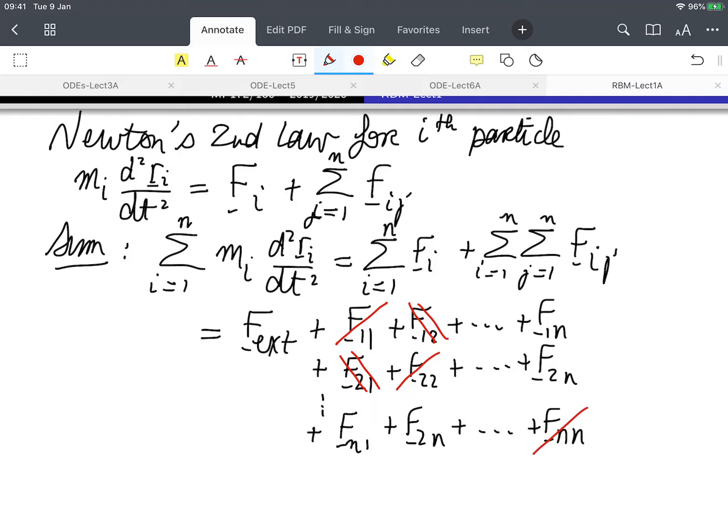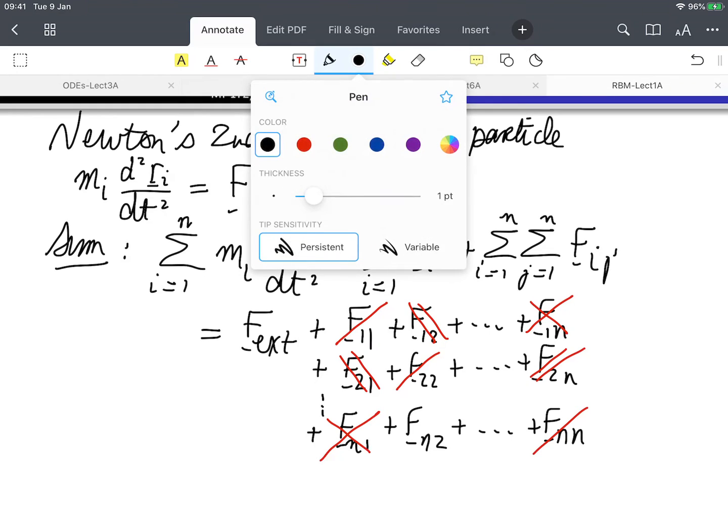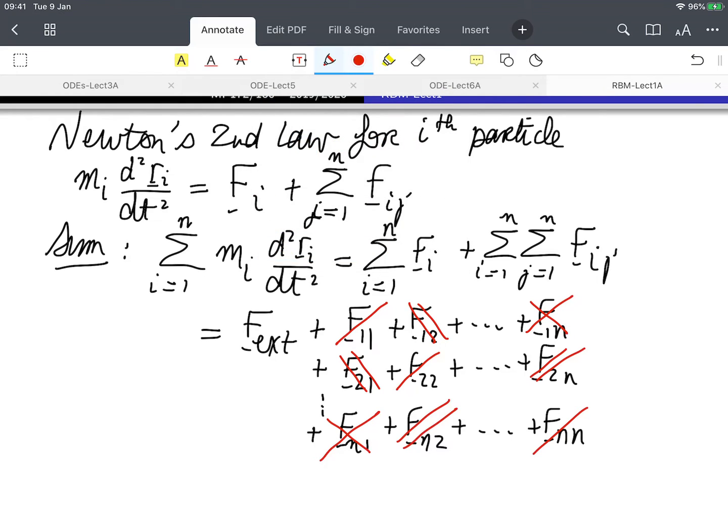Then F13 is going to cancel out with F31, etc. F1n is going to cancel out with Fn1, like this. And then F2n is going to cancel out. Oh, my mistake there. These indices should have been Fn2. F2n is going to cancel out with Fn2, etc. Whoa, look at this. All of this is a big fat zero.